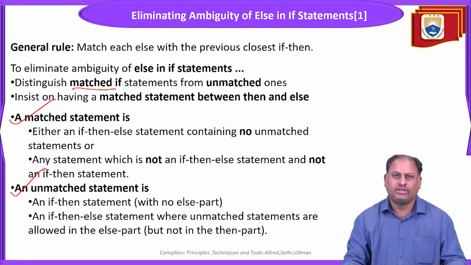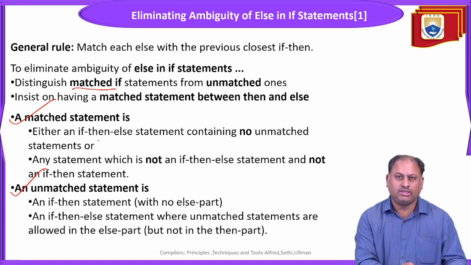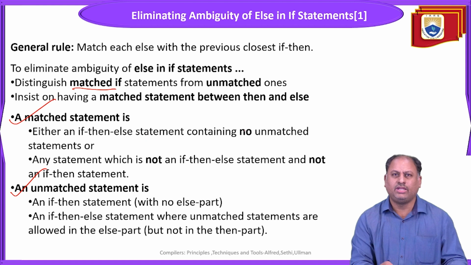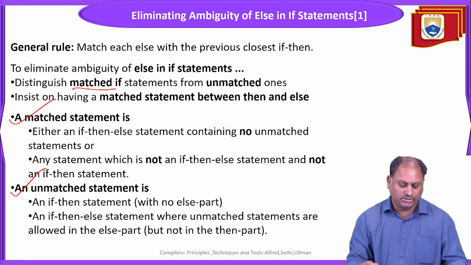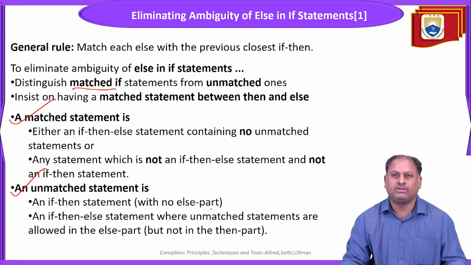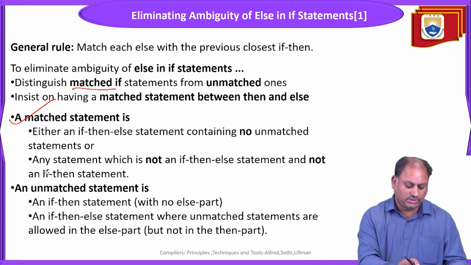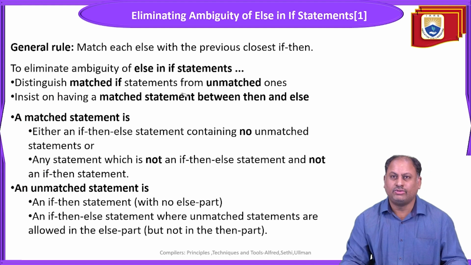To eliminate ambiguity, a matched statement means an if then else statement containing no unmatched statements, and a statement which is not an if then else statement and not an if then statement. Whereas an unmatched statement is an if then statement with no else part, and an if then else statement where unmatched statements are allowed in the else part but not in the then part.